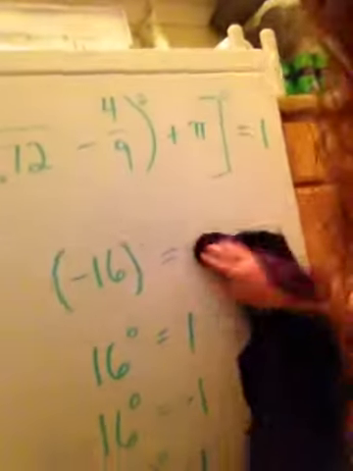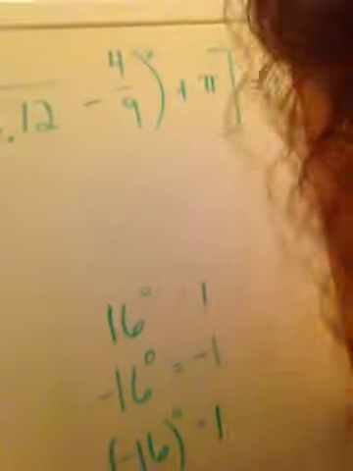Okay, so this is kind of like some of the problems you'll be given. You'll have some decimals, some other numbers, and then they'll just be to the 0 power, or to the first power, and you just have to write what they are.